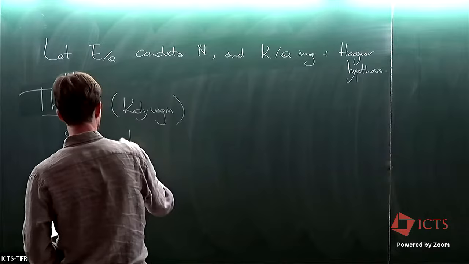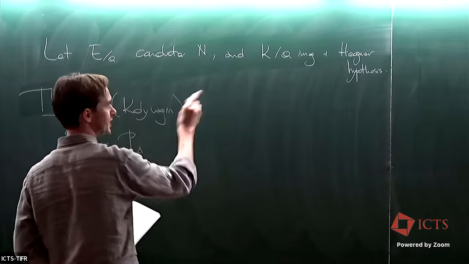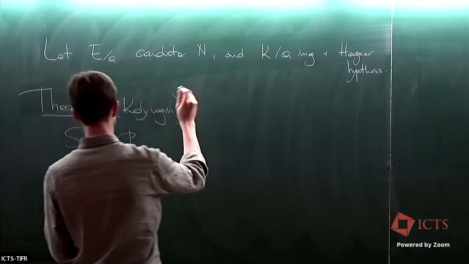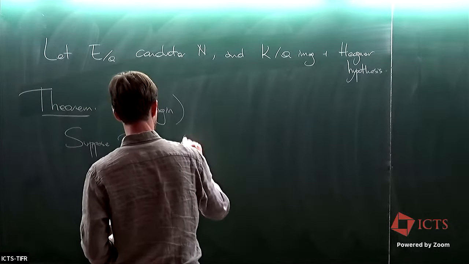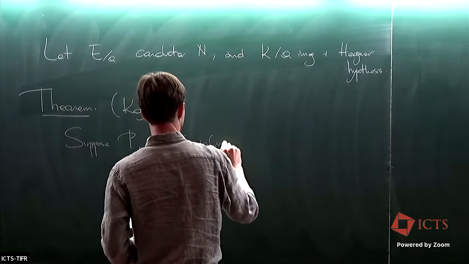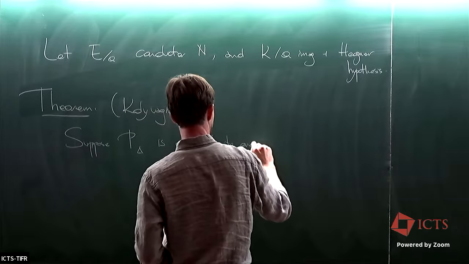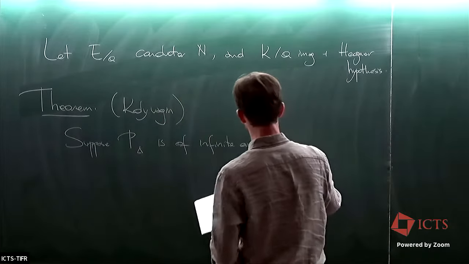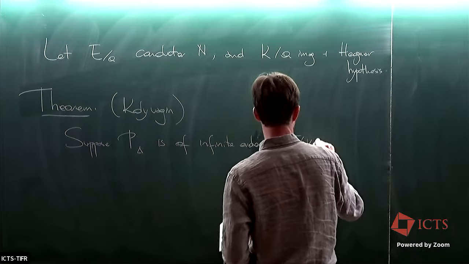Kolyvagin proved that suppose that the P delta that's associated to this imaginary quadratic field, which would be a rational point over K, suppose that P delta is of infinite order in E(K).